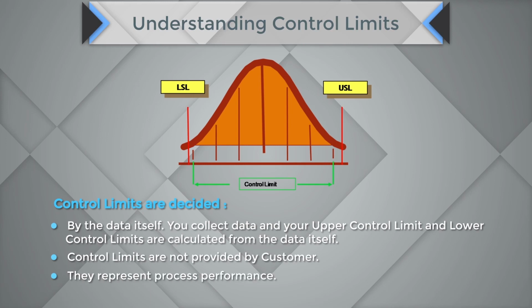For a mature business process, the control limits should fit inside the specification limit, because if the control limit were outside the specification, your process would surely create defects. Like in this case, my green line is inside the red line, which means my process is performing within this green line, while my customer expectation is the red line shown here.